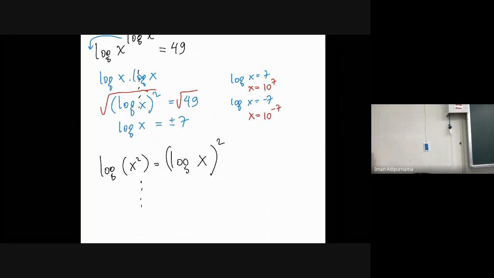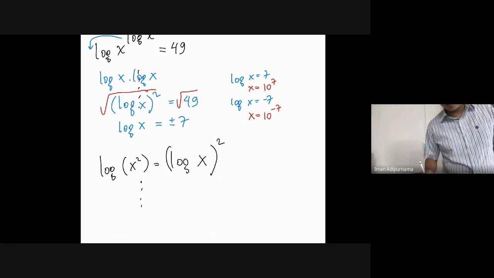But there's another answer also. It's still incomplete. So remember, every time you have log and then squared, at least you will have two answers. Okay. This is also a similar case. Yeah, correct, 1 and 100, correct.